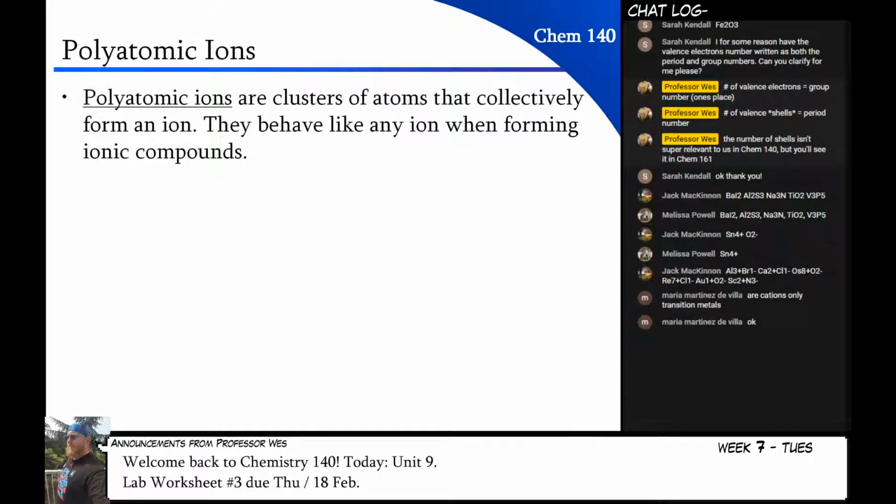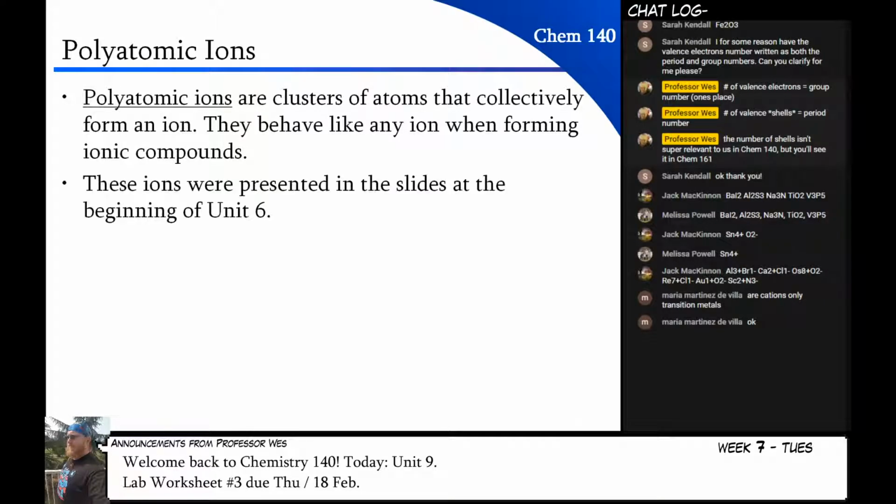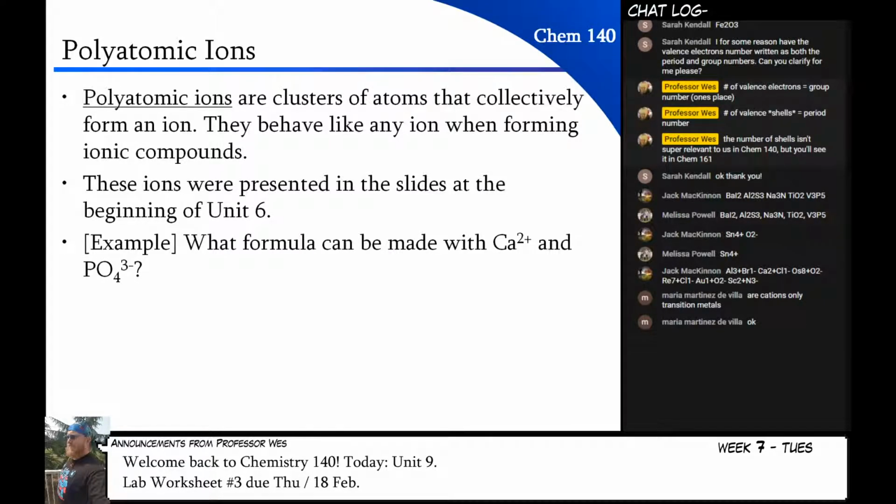Every polyatomic ion has a formula and a charge associated with it. You're going to treat that like any other ion and use it in the same fashion. So you can use those to build ionic compounds. For instance, if I wanted to make an ionic compound out of calcium and phosphate, I would say calcium has a +2 charge, phosphate has a -3, and then I do the same process.